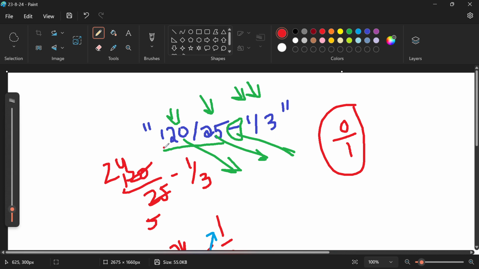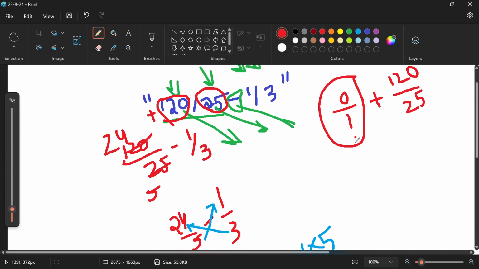By iterating over the string, we get the first numerator as 120, and the first denominator is 25. Initially there is no sign, so by default it will be plus. So 0 by 1, which is equal to 0, plus 120 by 25 is 120 by 25.